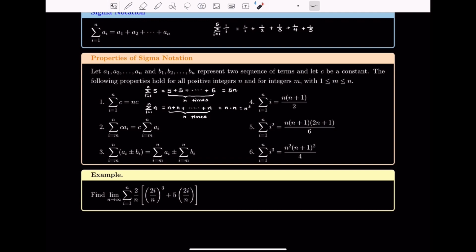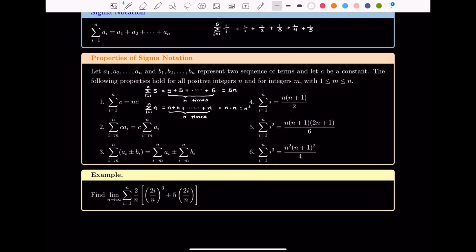Next, we have the summation of c, a constant, multiplied by ai. And this is equivalent to, you can take this c out of the summation notation, and they are the same thing. So again, you don't have to memorize it. Let me explain why it works.